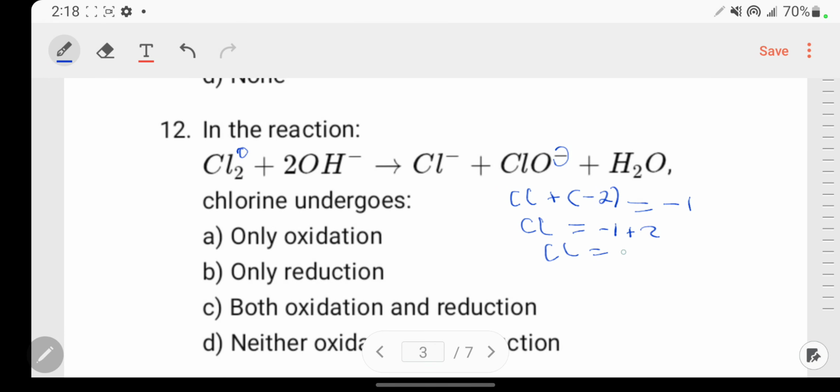So Cl becomes +1. This +1 means it has risen from 0 to +1. That is the charge for chlorine. If it has risen, it has become oxidized. So in this case, chlorine undergoes both oxidation and reduction as our answer for question 12.